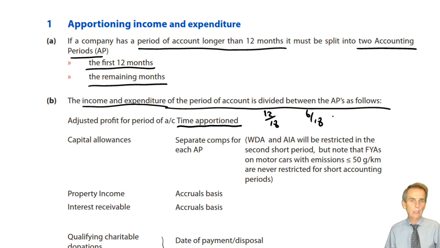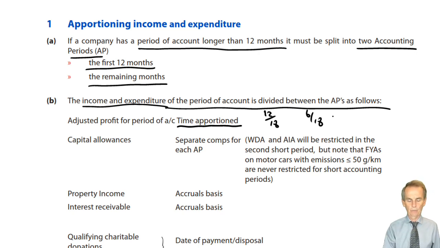Now, the way that we'll show this, as we'll see soon, is that we would have two columns on the right-hand side of our page. If, of course, we were presenting this as a response to a Section C question, a written question with a written answer, we're going to have the two accounting periods identified on the right-hand side of the page in two columns: 12 months to, and if it was an 18-month period of account, 6 months to.